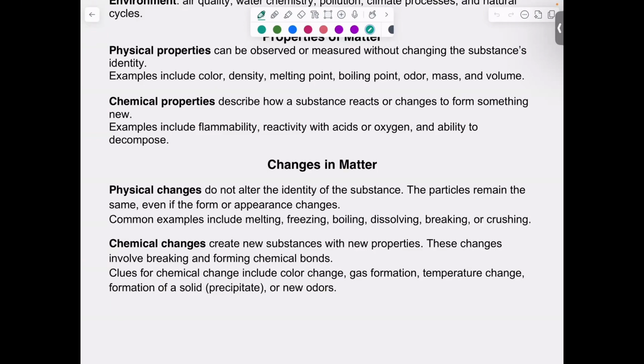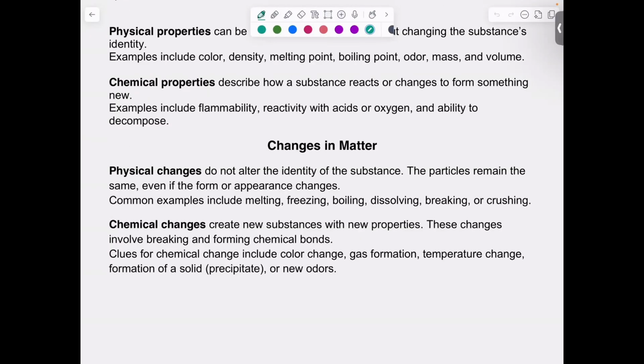Or an alternative would be you could be given a list of maybe 4 or 5 options, and you have to identify what change is physical, what change is chemical, and also which property is physical or which property is chemical. It can be a mix, but those are your typical types of questions you'll see.